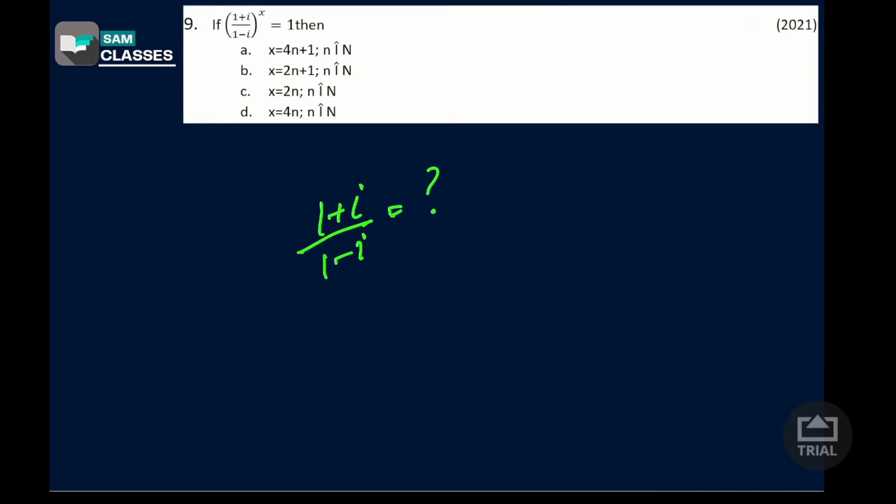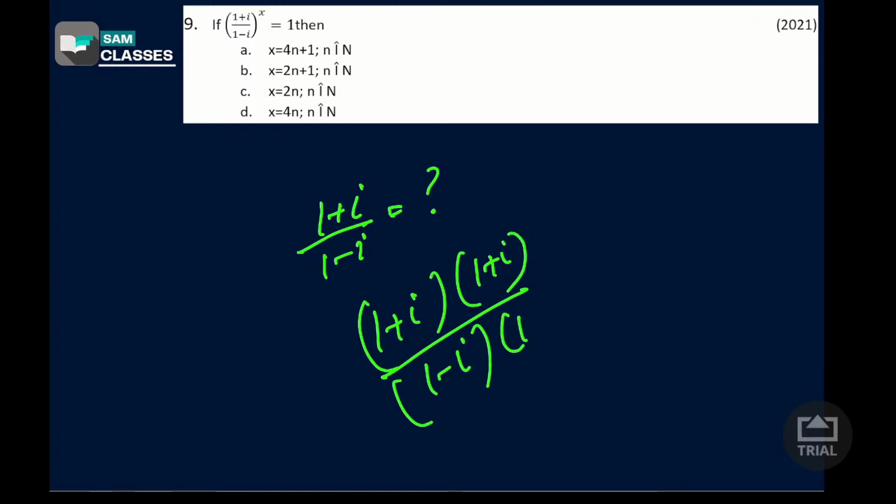See, students, if I simplify 1 plus i by 1 minus i, multiply by 1 plus i. So what I'll get: (1 plus i) square, that is 1 plus 2i plus i square, by 1 square minus i square.